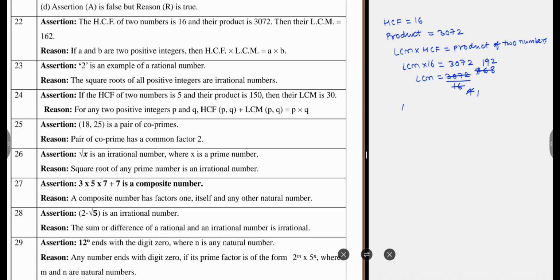So we got LCM is equal to 192. What did they give? 162. So it is not correct. So the assertion is false, the reason is true. So option D is correct.